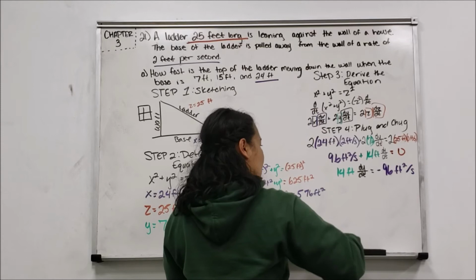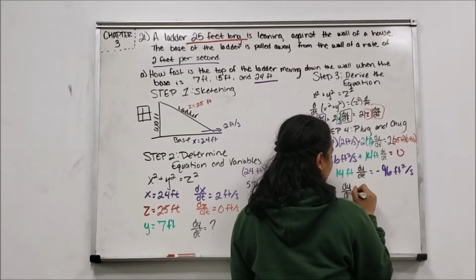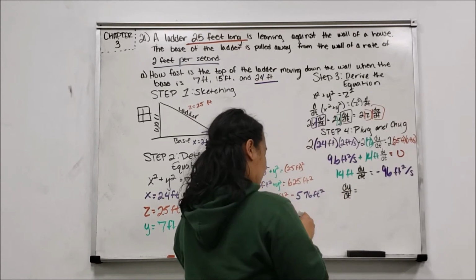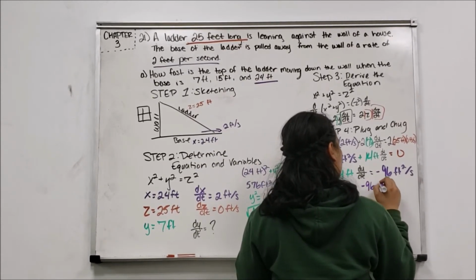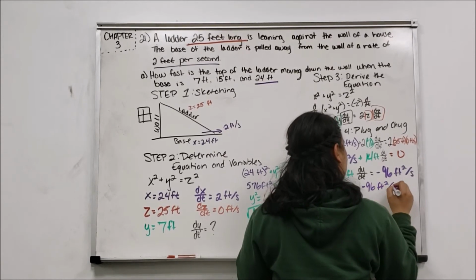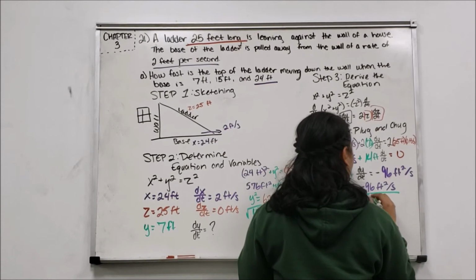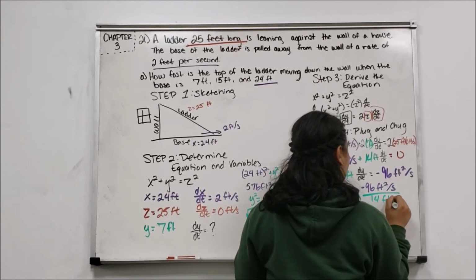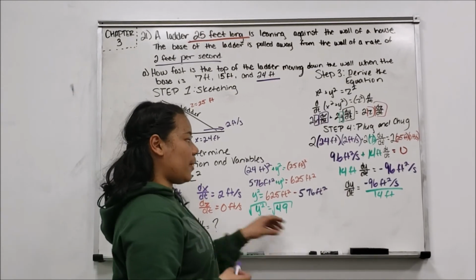Okay? Now I get dy dt isolated by itself, and I get dy dt equals negative 96 feet squared per second all over 14 feet. Okay, and now we're going to simplify, because you always have to simplify all the way through.